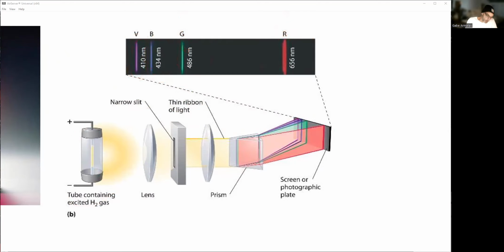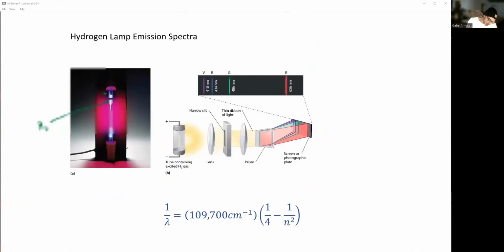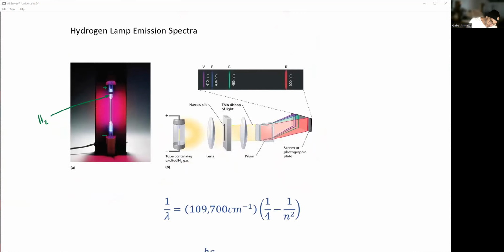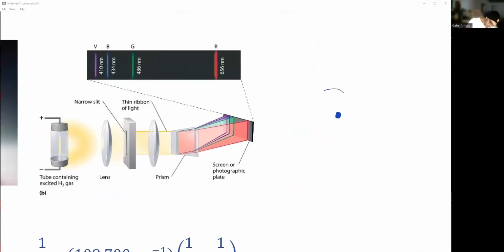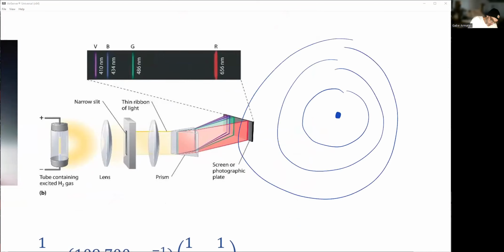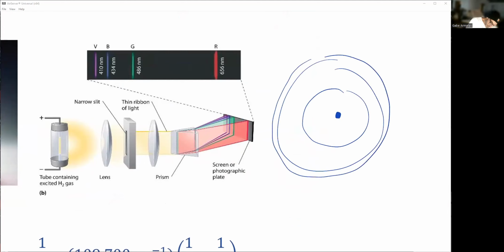Okay, so why does it do this? As it turns out, I have my atom in the center, and I have a bunch of electrons around the outside.